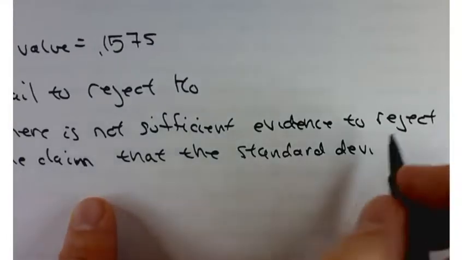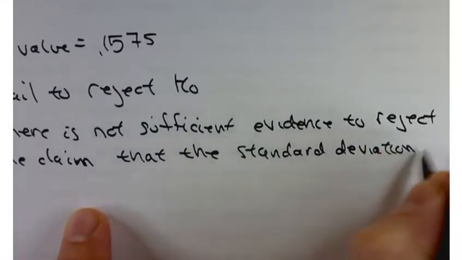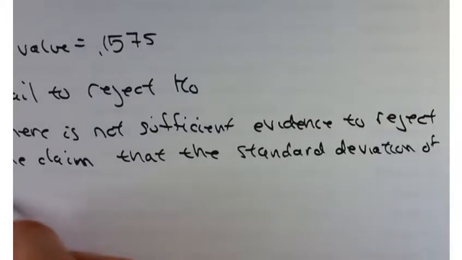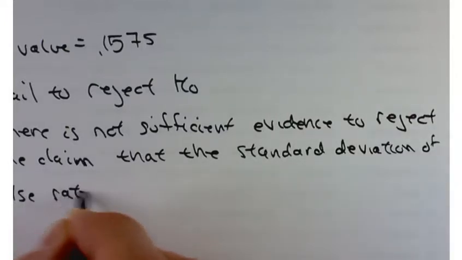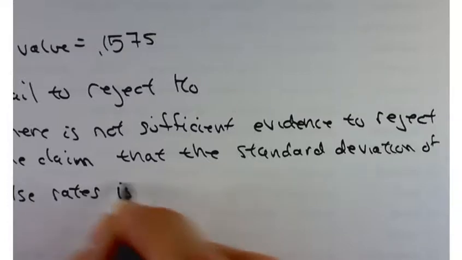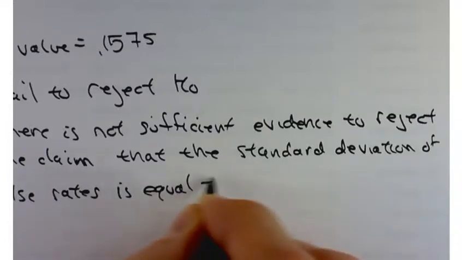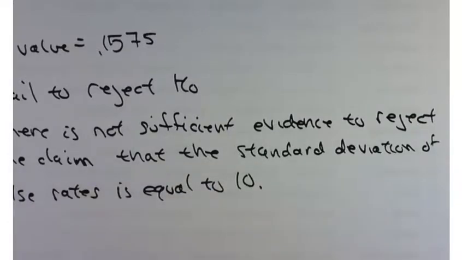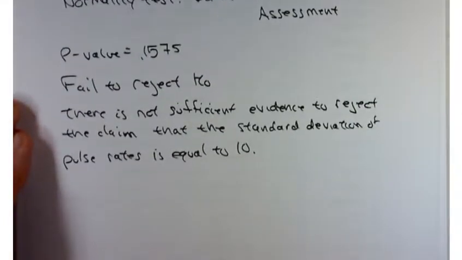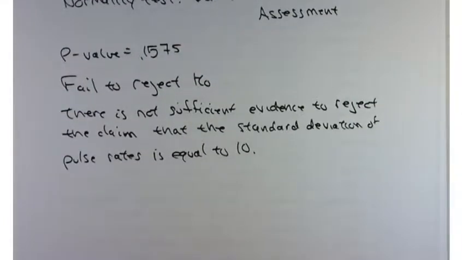So the standard deviation of pulse rates is equal to 10. Okay. Appreciate the question though, Chris. Thank you.